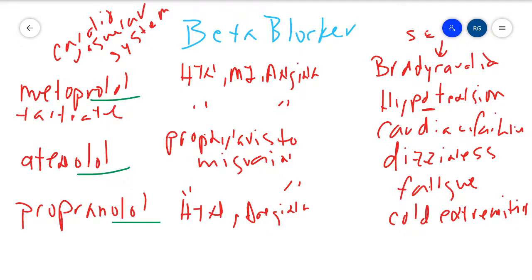Atenolol is prophylaxis for a migraine headache. They are all in the cardiovascular system, and they mostly create side effects of bradycardia, hypotension, cardiac failure, and some dizziness, fatigue, and cold extremities.